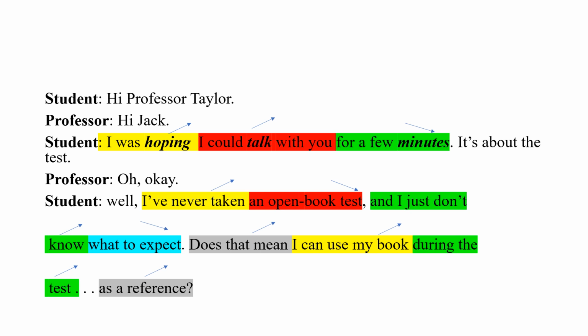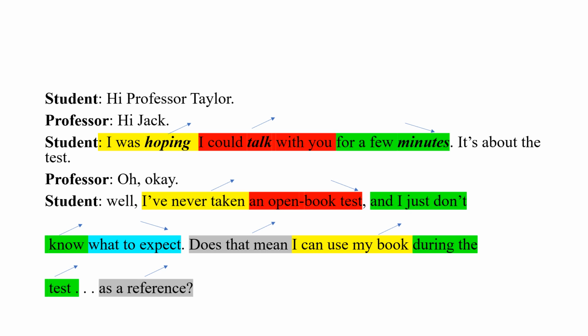The second one takes rising tone because it is a non-clause. And the third one, the green one, takes a falling tone because it is the end of the statement.